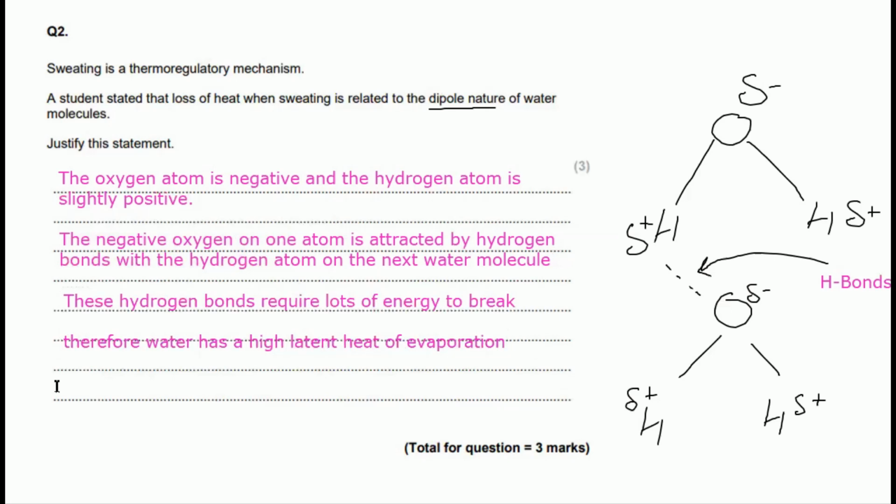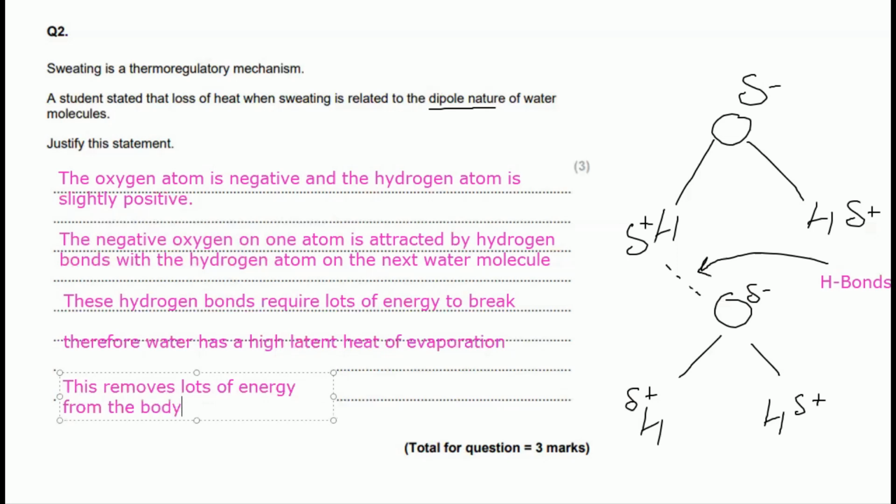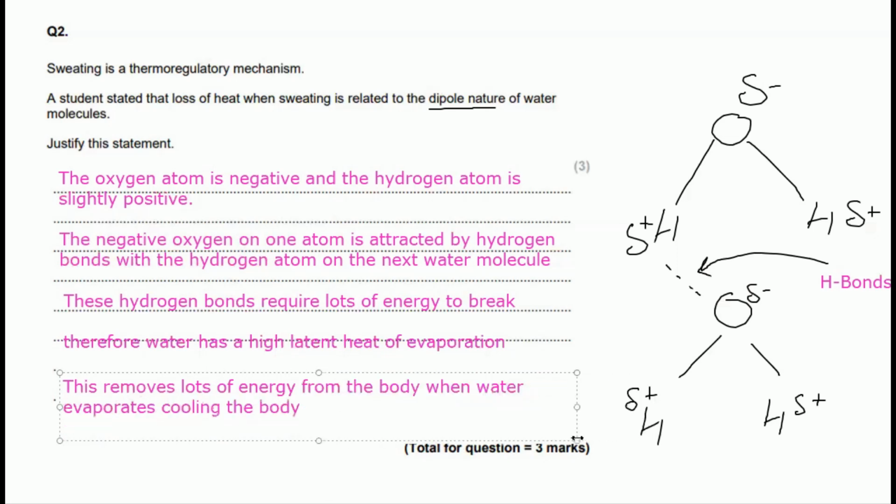So because there's a high latent heat of evaporation, it means when you break these bonds, when we turn sweat on our body into steam, what happens is a lot of energy is removed from the body. So this removes lots of energy from the body when water or sweat evaporates, cooling the body. So obviously, if energy is leaving the body, it is going to be cooler after.